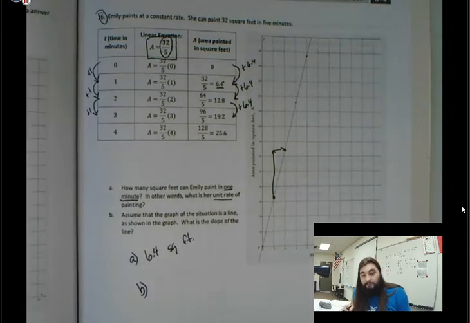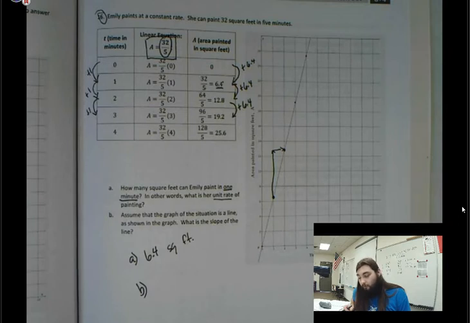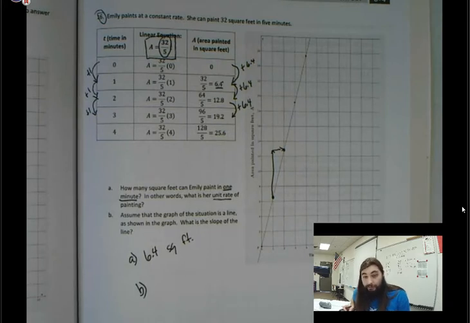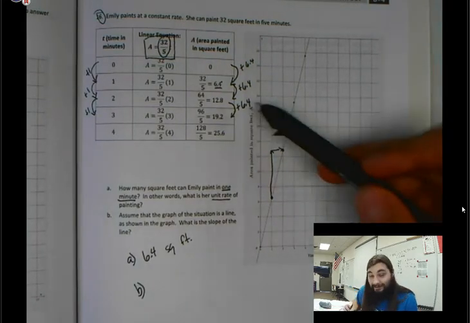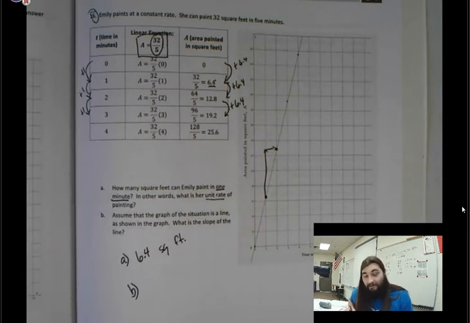All right. Now, you might think to yourself, Mr. Stevens, you just said 32 over 5 was our slope, and now you're saying 6.4 is our slope. Luckily for us, if we have a calculator nearby, we can see that 32 divided by 5 is indeed 6.4. Give us 6 2/5, which gives us 6.4 as a decimal. All right.